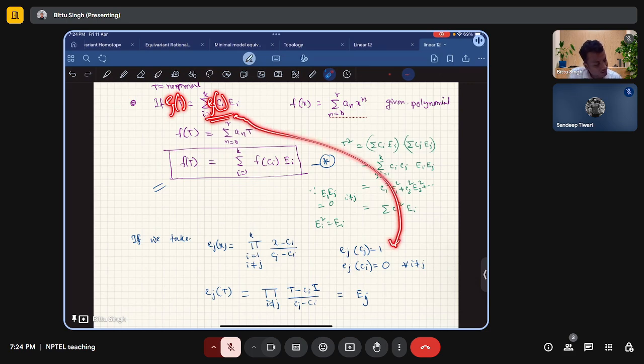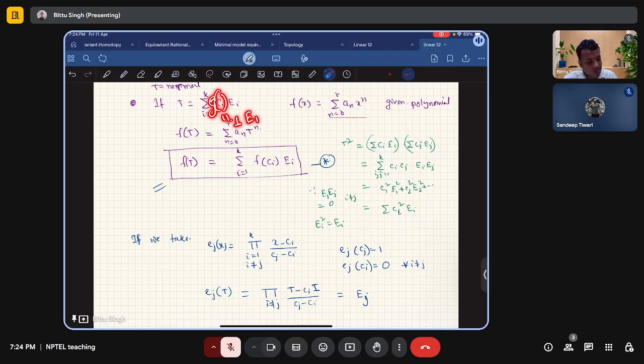You can see from here, right? Only the ith term will survive. Is it clear? Ej Ci means only the ith term will survive. This is only 1 and all the other terms are 0.